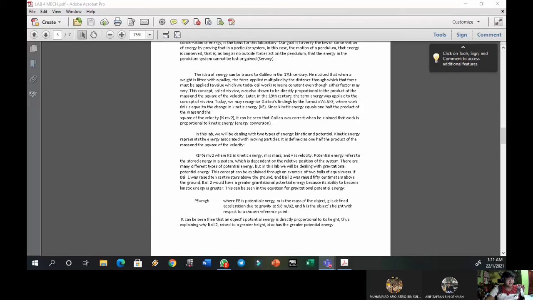Later in the 19th century, the term energy was applied to the concept of vis viva. Today we may recognize Galileo's finding by the formula where work is equal to the change in kinetic energy. Since kinetic energy equals one half the product of the mass and the square of the velocity, it can be seen that Galileo was correct when he claimed that work is proportional to kinetic energy.